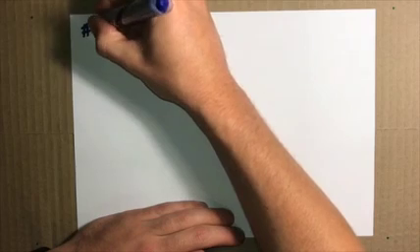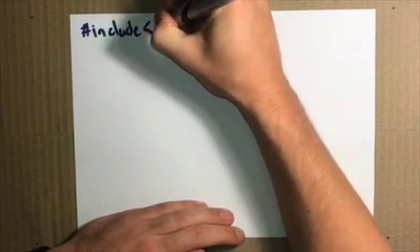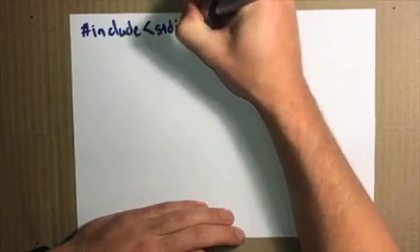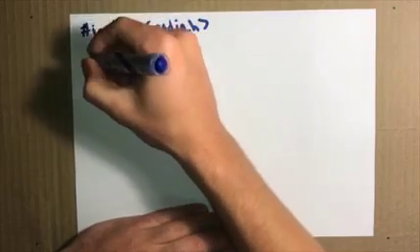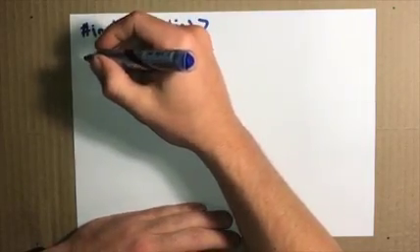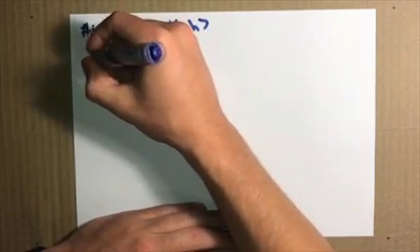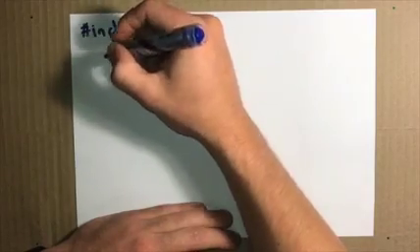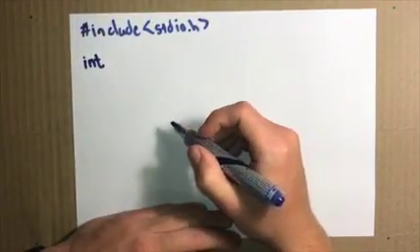Okay, so let's start off. First of all, we always start with #include <stdio.h>. Okay, next up we will give our function prototype, and our function prototype is going to be int. Okay, so why int?